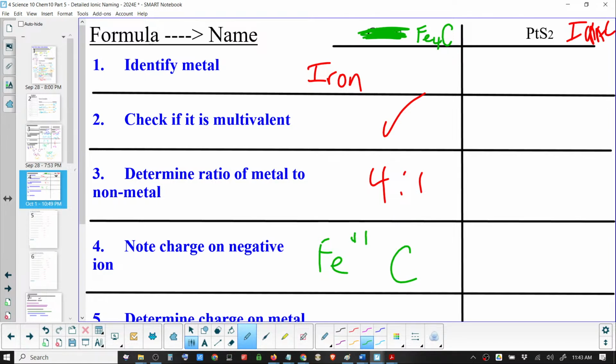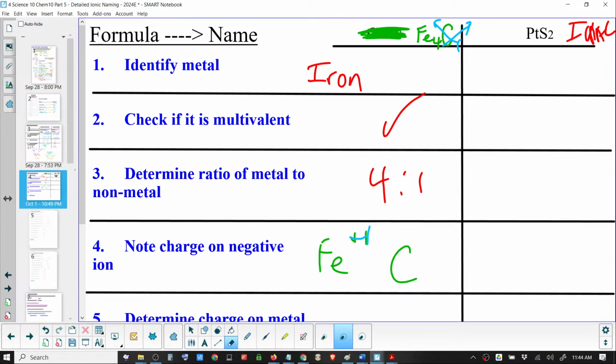Carbon. No. Uncrisscross, which means you have to go diagonal. Oh, okay. So iron 1, carbon 4. Carbon 4. So when you uncrisscross it, also it's not plus, it's minus.